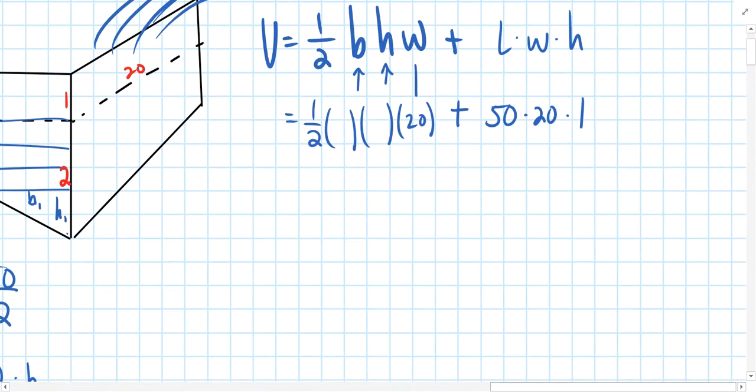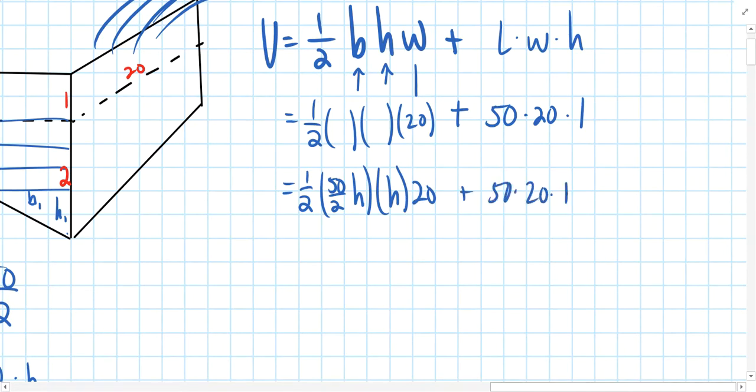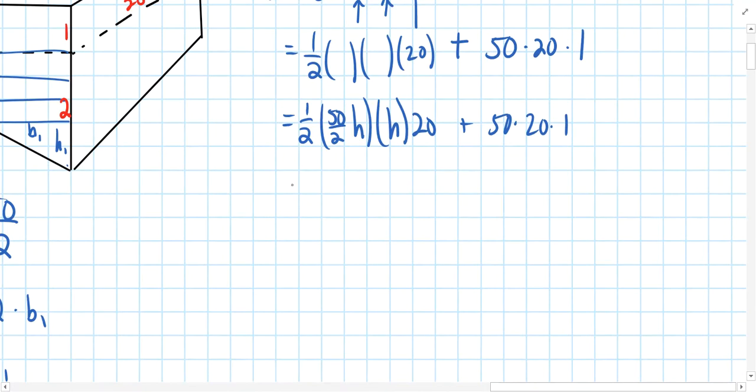So I'm going to replace the base of the triangle to be 50 over 2h. H, of course, will remain as h, times 20, plus 50 times 20 times 1. And we can clean this up a little bit.